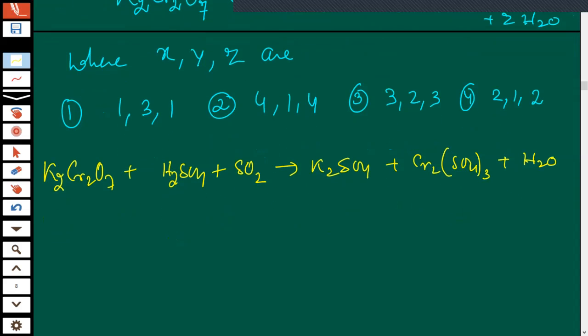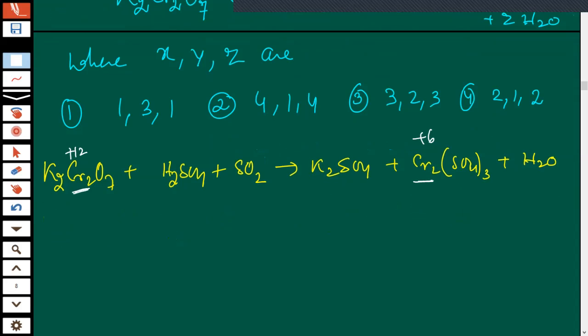Now see the oxidation number on chromium. Two chromium, total charge is plus 12 out of 14, and here on both it is plus 6.